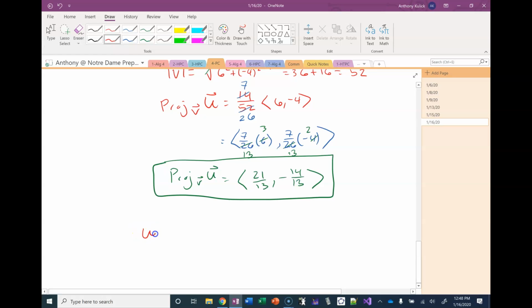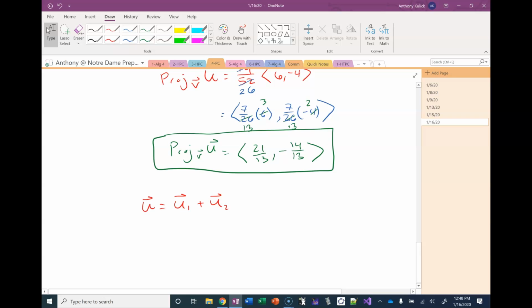So what I can say is that I want u to equal u1 plus u2. Well, I know vector u, right? Vector u is the vector 3, 1. That was given to me. One of these two orthogonal vectors we're told should be this projection. So there's that.